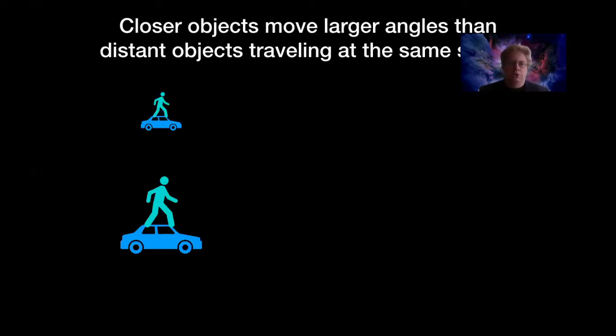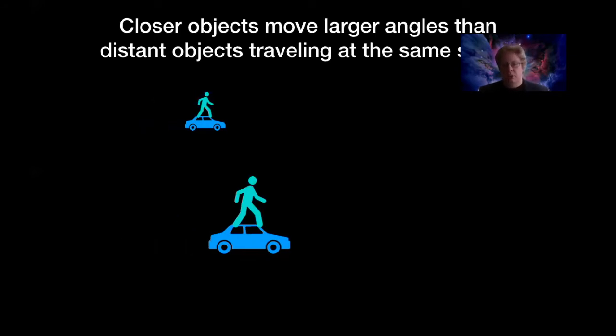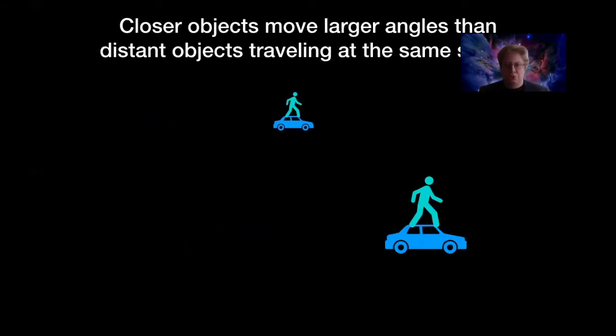Here I'm showing two fellows in a car, and they're going to travel at exactly the same speed, but one of them is twice as far away, this guy on top, and that's why he appears to be twice as small. When we see them move, we can observe that the closer object moves further. It traverses a greater angle than the far away object does, even though in truth, they have both moved exactly the same distance.